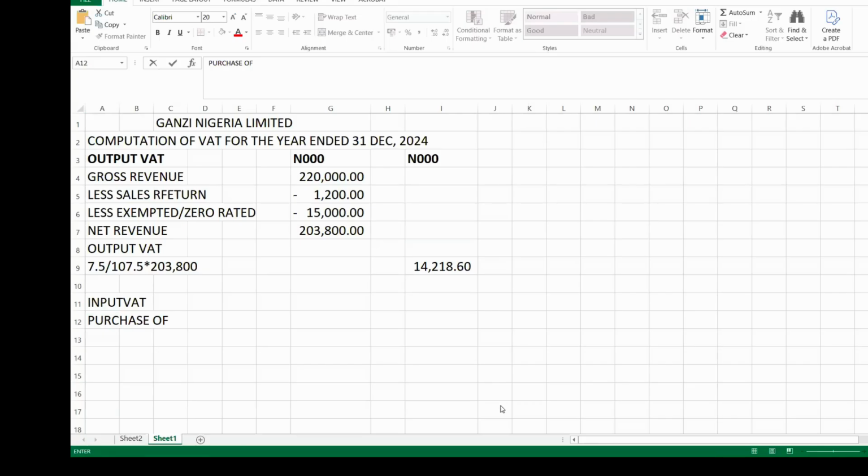I've shared my sheet now, you're seeing it. Purchase of raw material, how much? 108,200,000.